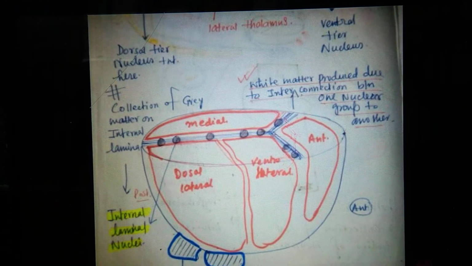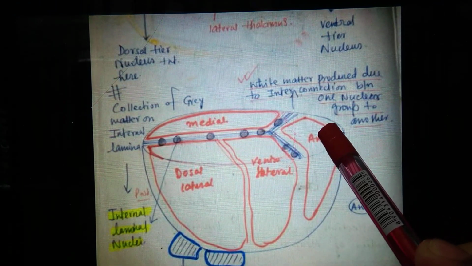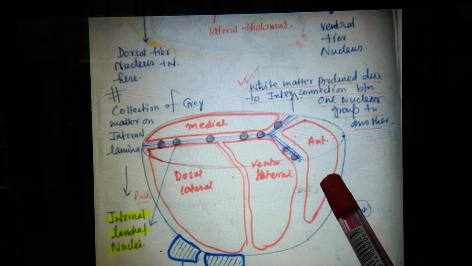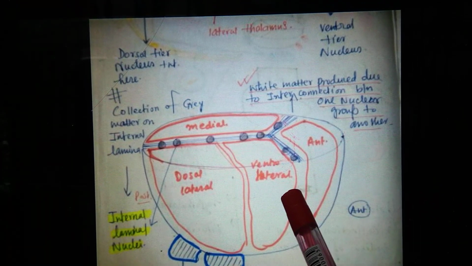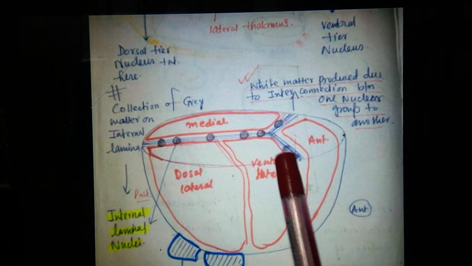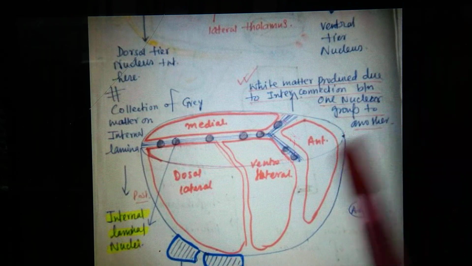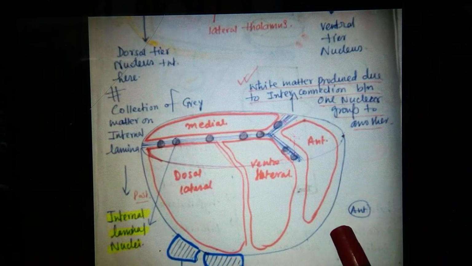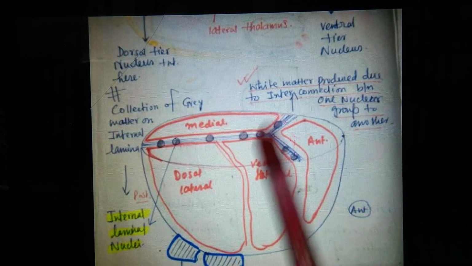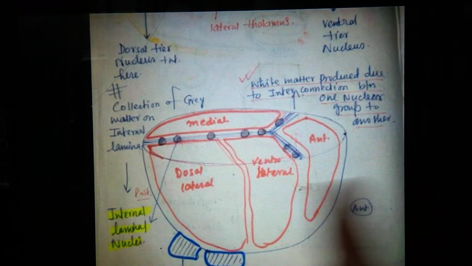This anterior group of nuclei of the thalamus is related to the mammillary body, to the limbic system and to the Papez circuit. What is this? This is nothing but the internal lamina, the Y-shaped internal lamina. Okay, fine. So this anterior nucleus group is actually located with the mammillary body. Then what is Papez circuit?